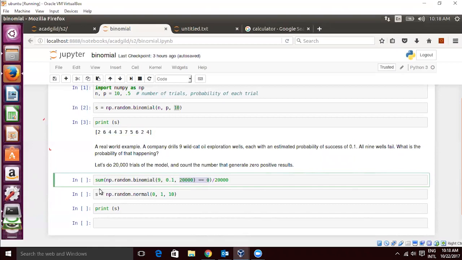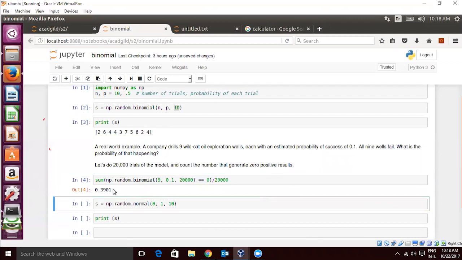The sum of those divided by the normalization is the answer. Let me run this. So 0.39, which means 39% is the probability of getting zero positive results when the probability of success is 0.1 out of 9 trials.